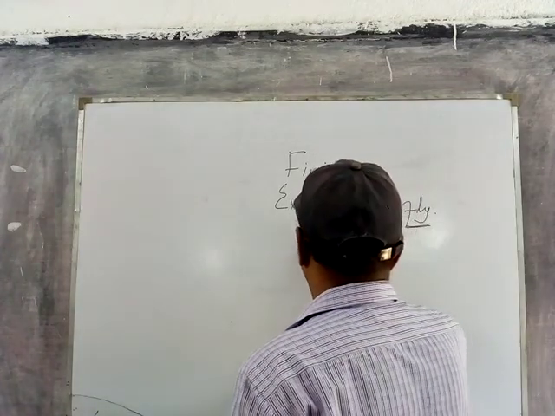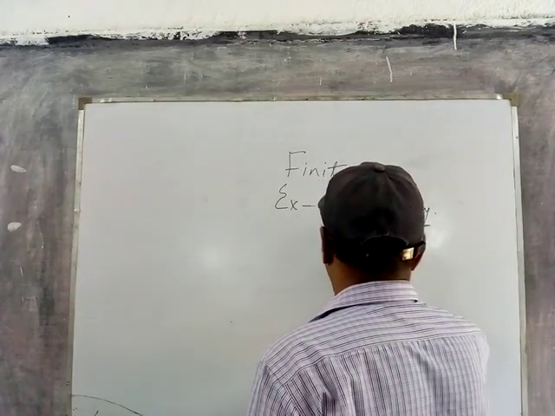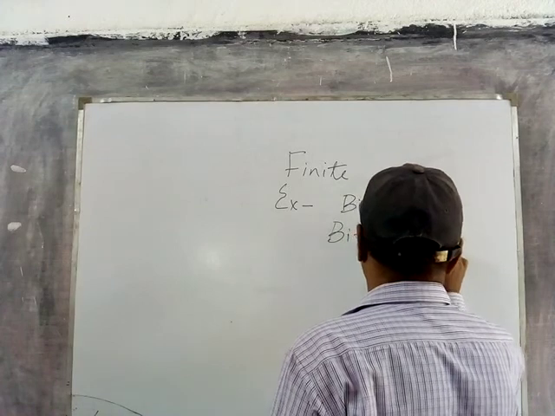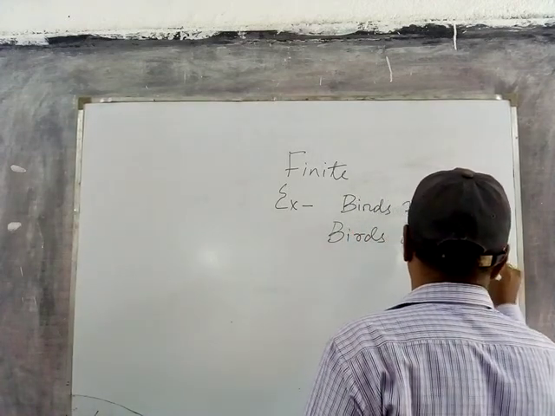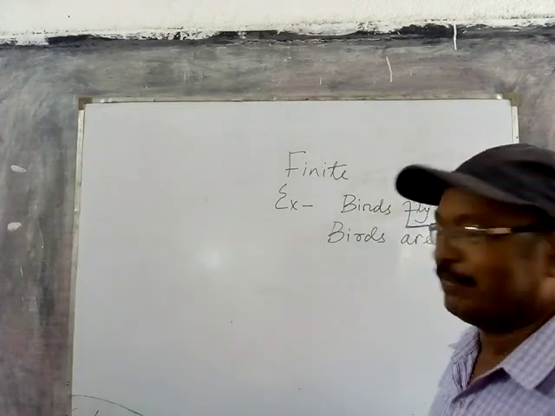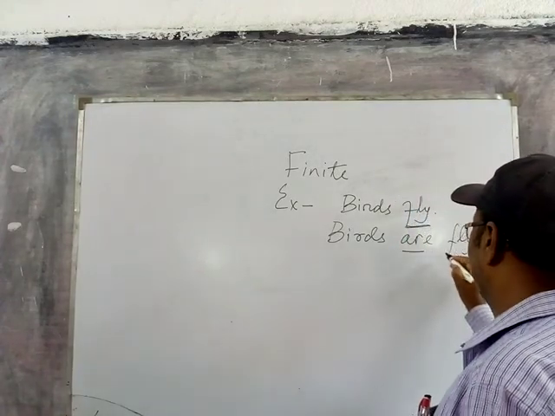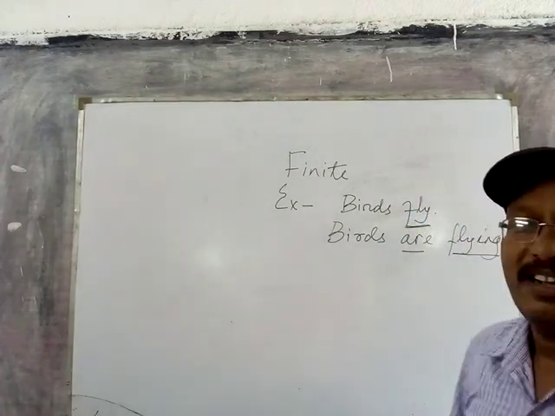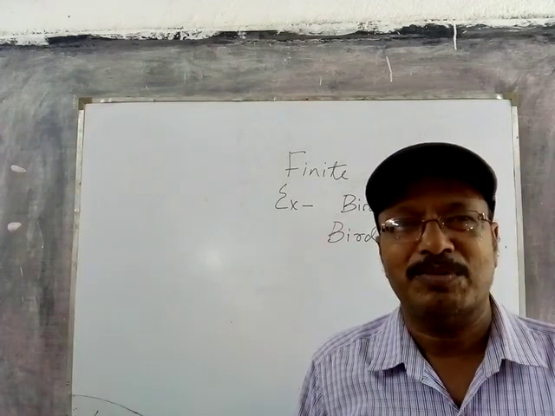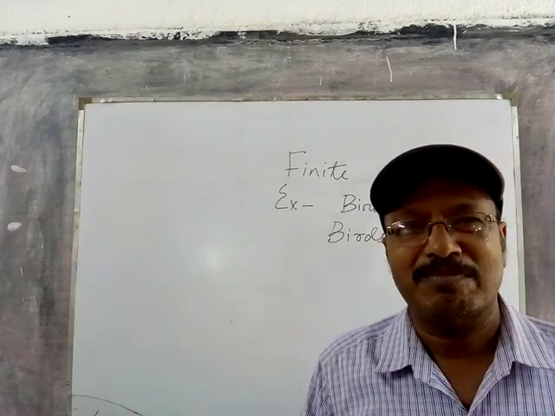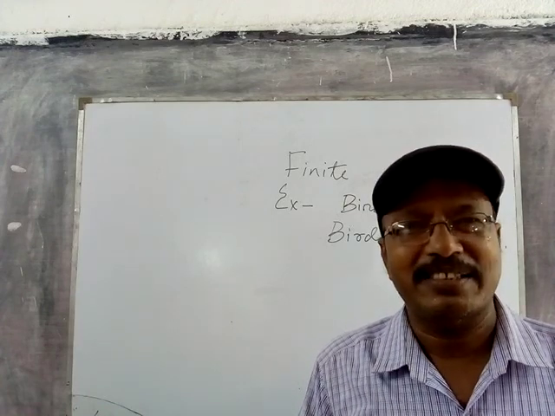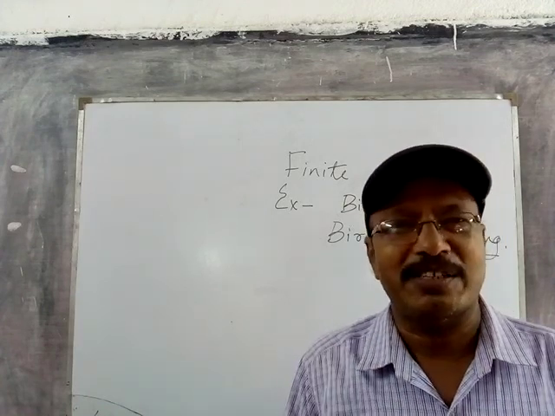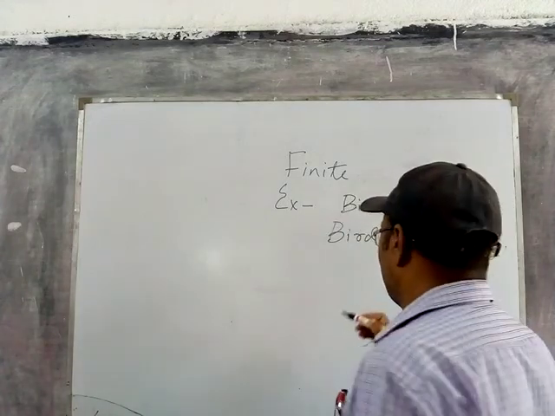Now, birds are flying. Here are two verbs: are flying. Are refers to the present form and tense, but flying shows no tense. How?